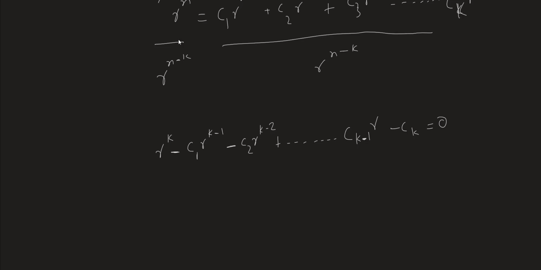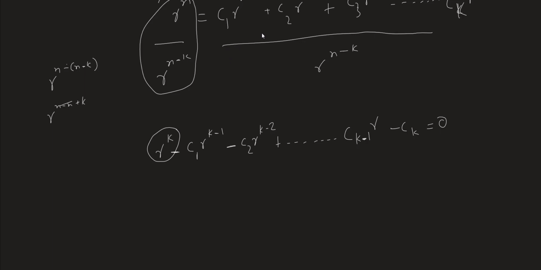So we are basically dividing both sides by r^(n-k). If you look at this part in particular, this will become r^(n-(n-k)), that is r^(n-n+k). This and this will cancel out, and that's how we got this.